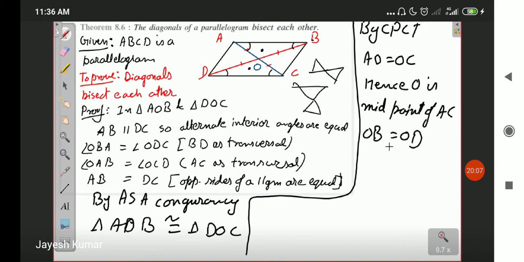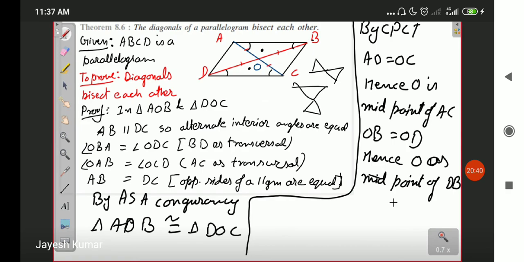As I am saying things, try to identify what I am stating in the diagram. By doing that only you will be able to understand the theorem well. Otherwise, you will be just mugging the theorems. Hence, you have O as midpoint of DB as well.